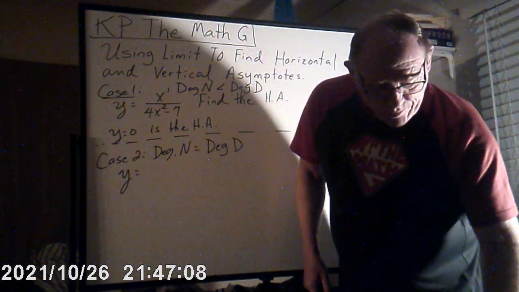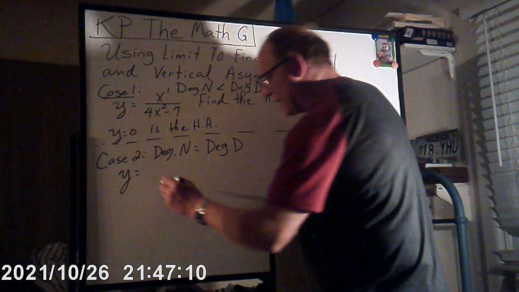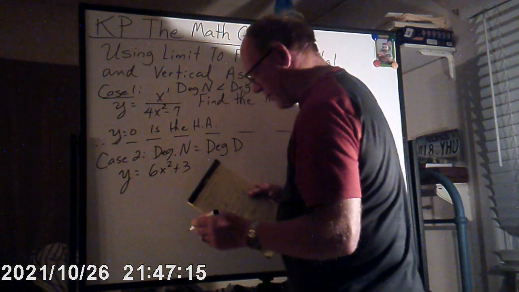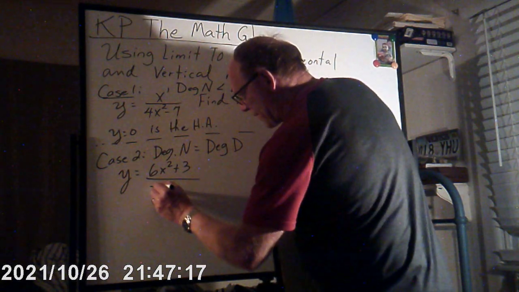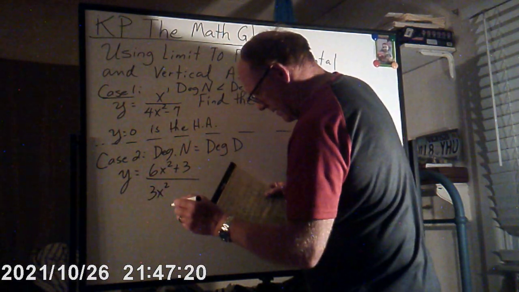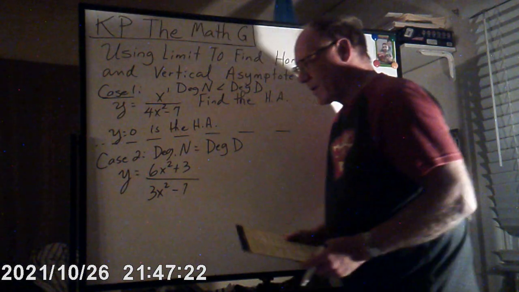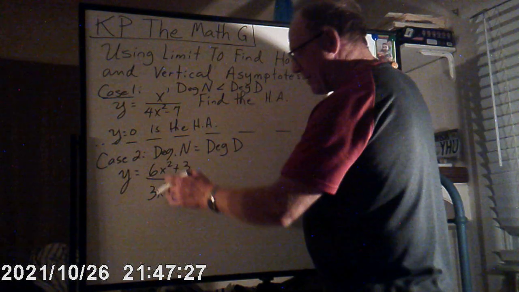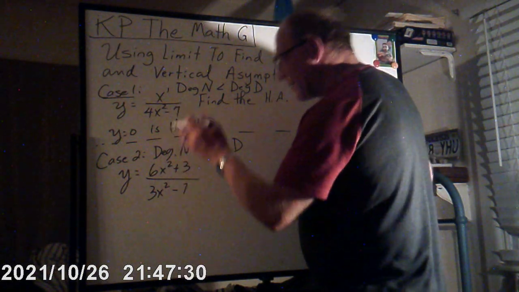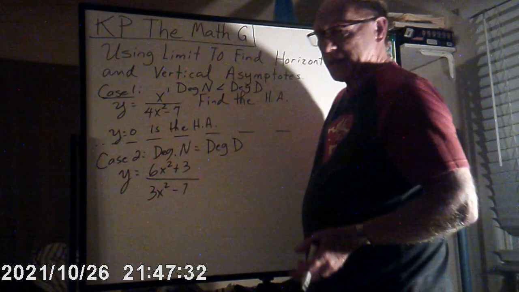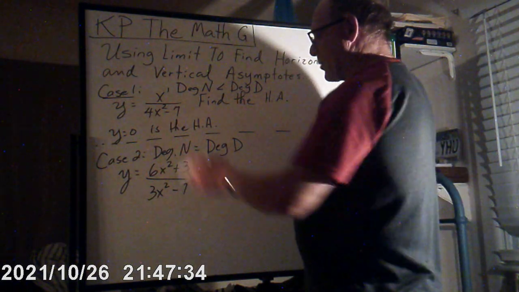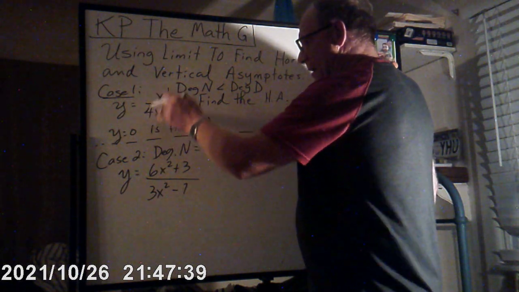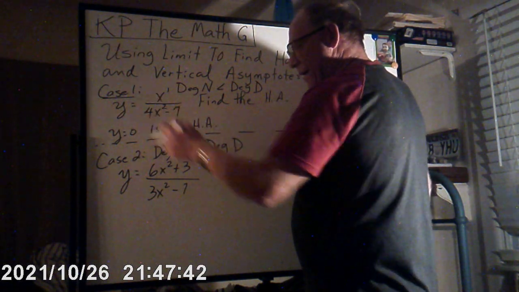So we're going to pick up on y is equal to 6x squared plus 3 over 3x squared minus 7. Now remember, the highest exponent, there is nothing higher than 2. Both of them are 2, aren't they? This one had a 1 here, this one has a 2 here. We divided each term by x squared.